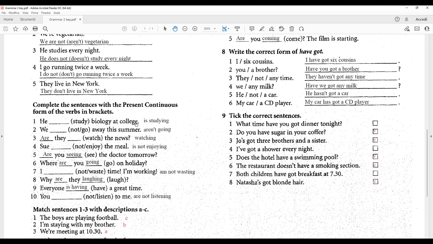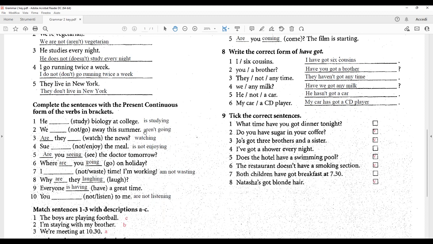So he is studying biology at college. And remember, the present continuous always uses is or are, the verb to be, as an auxiliary. So he is studying, he is reading, he is listening, he is watching a film, for example.